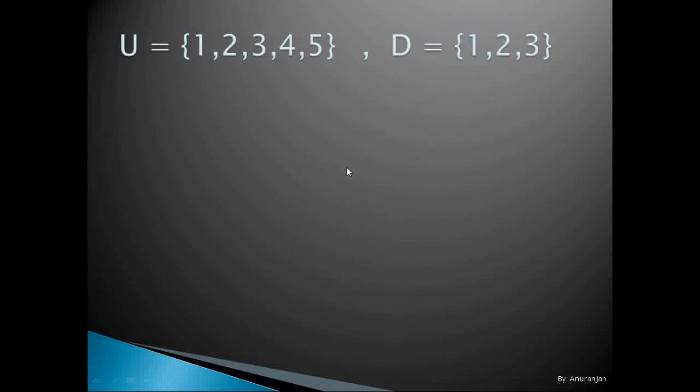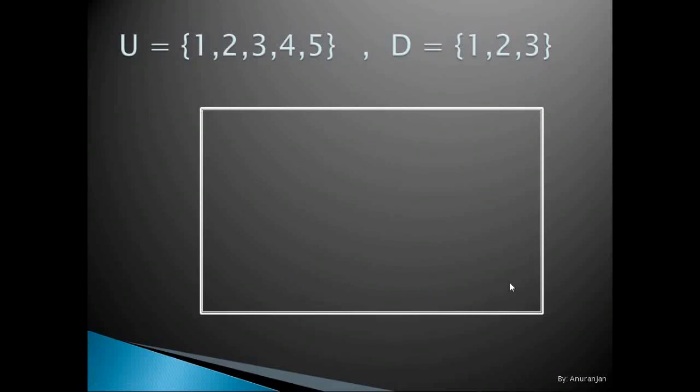Let's take an example. Let's say the universal set is 1, 2, 3, 4, 5, and the elements of set D are 1, 2, 3. So let's make the rectangle for the universal set.